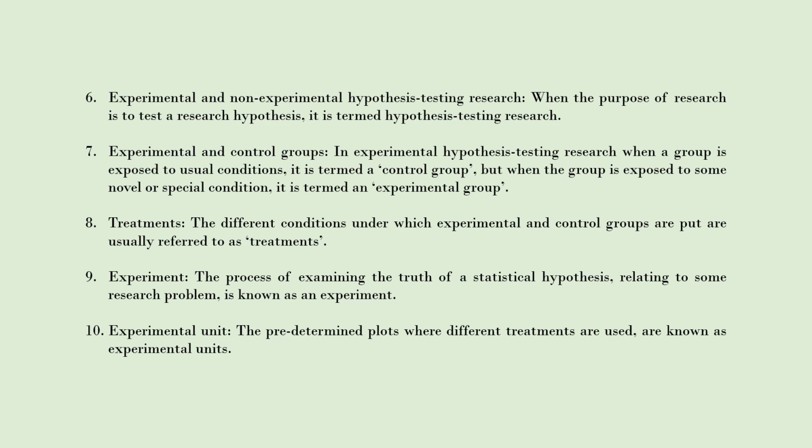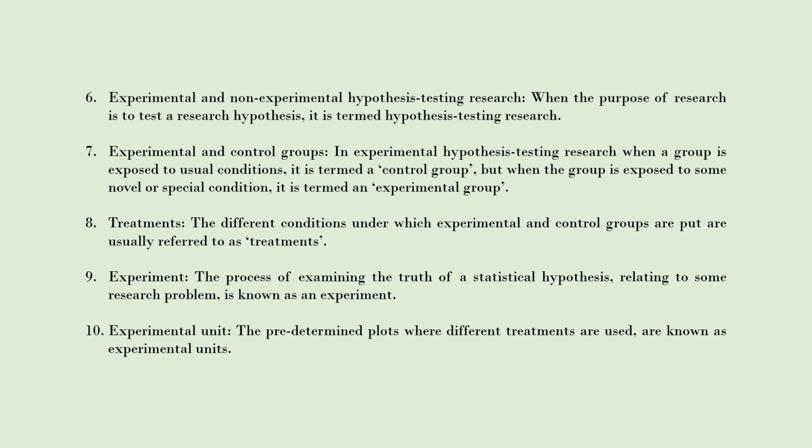So next is experimental and control groups. In experimental hypothesis testing research, when the group is exposed to usual conditions or our environment, it is called the control group. And when the group is exposed to some new or special condition, it is called the experimental group. Next is treatments.